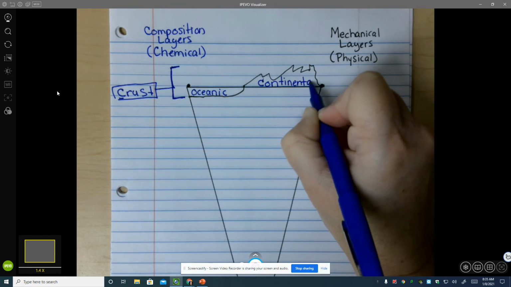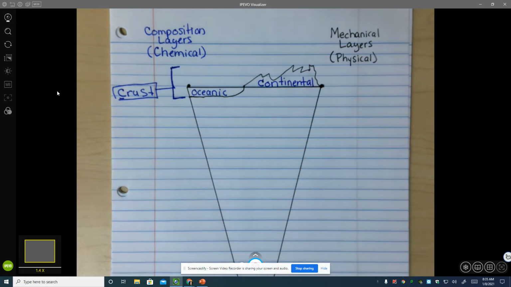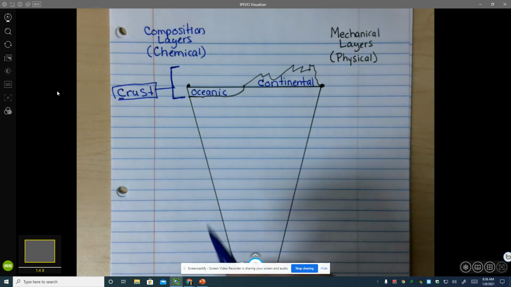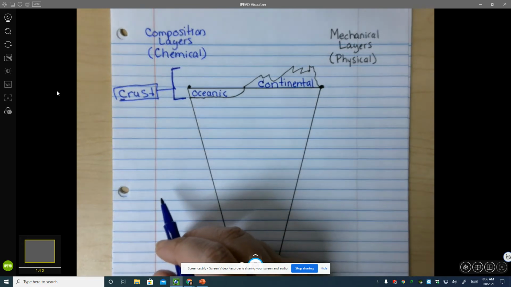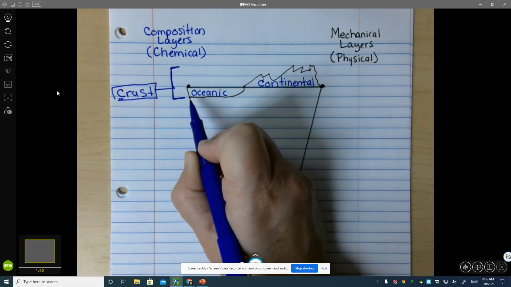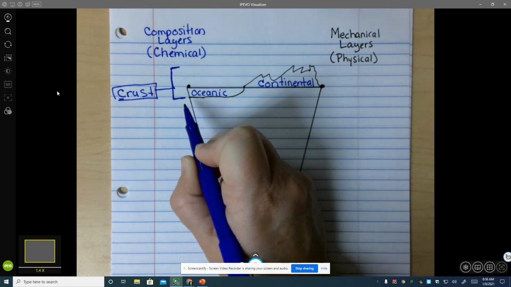Okay, so the continental crust is the crust that you're standing on, right? The rocks, the mountains, that stuff. And then below the sea, the oceanic crust is below the sea. Makes sense? The crust in the ocean is mainly made of basalt.